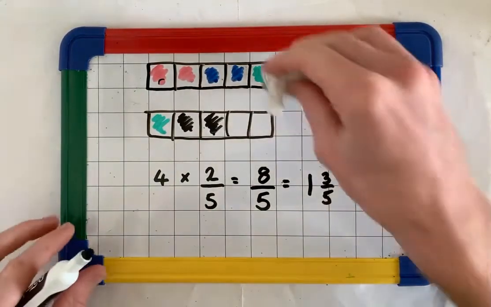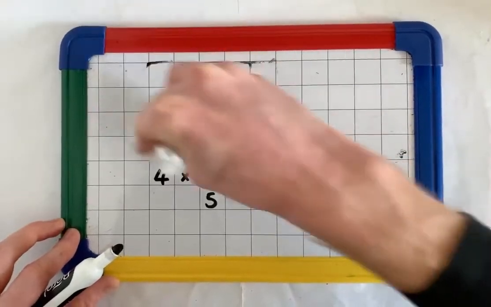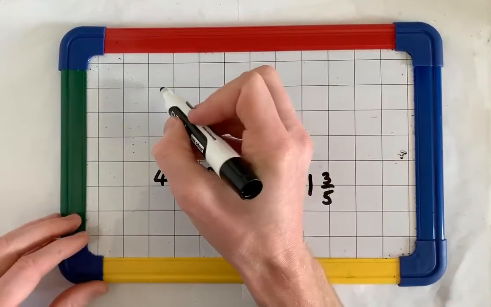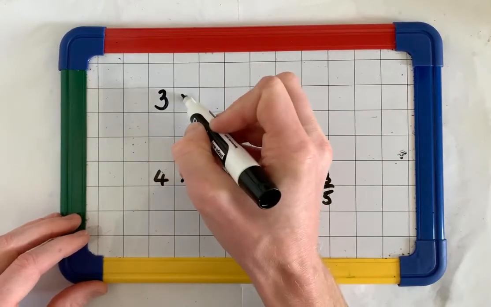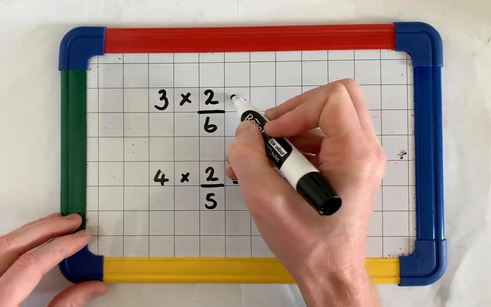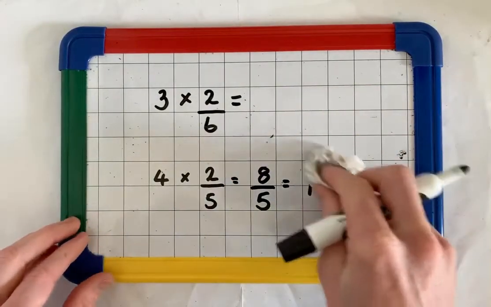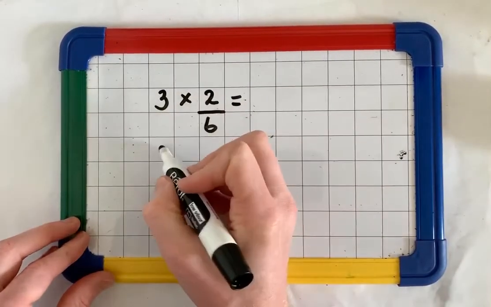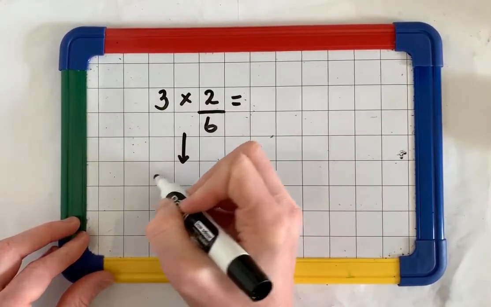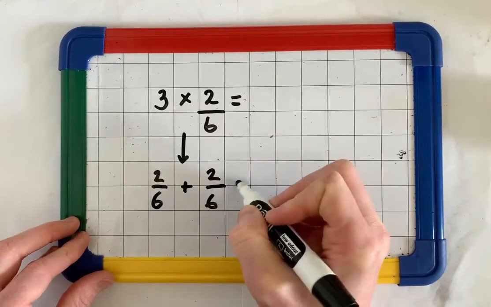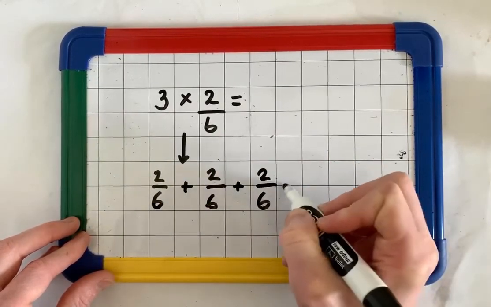Let's try one more example, just so we're really clear. Let's look at doing 3 times 2/6. So if you like, this is effectively saying 2/6 add 2/6 add 2/6.